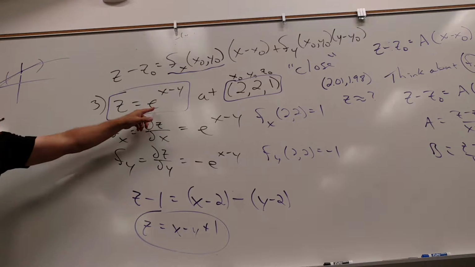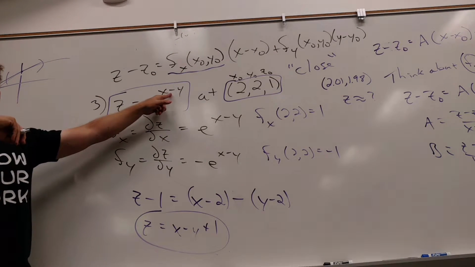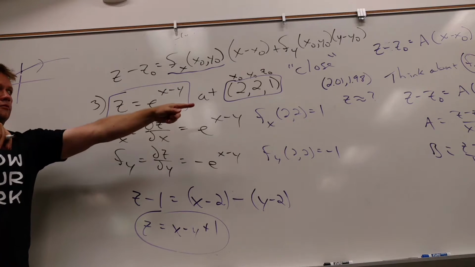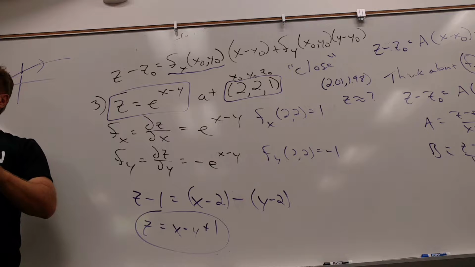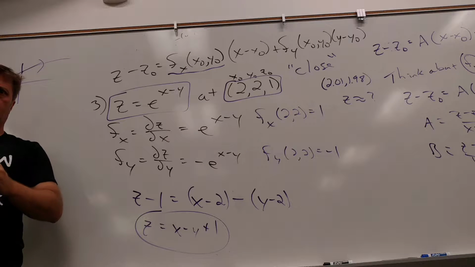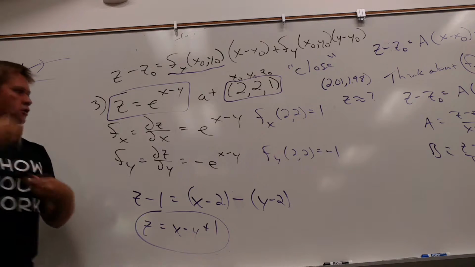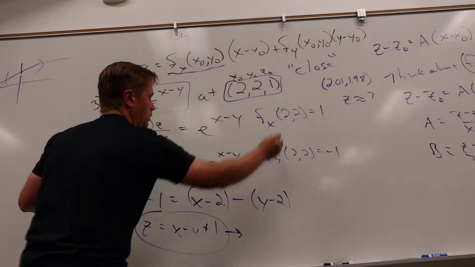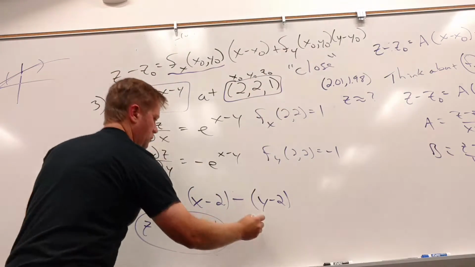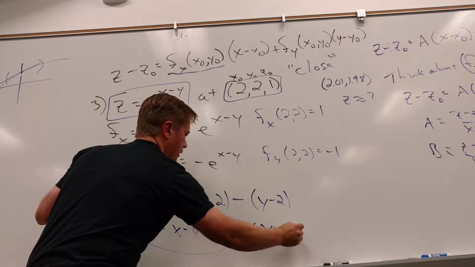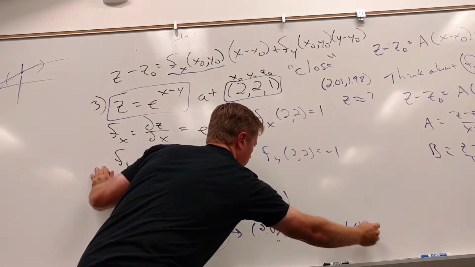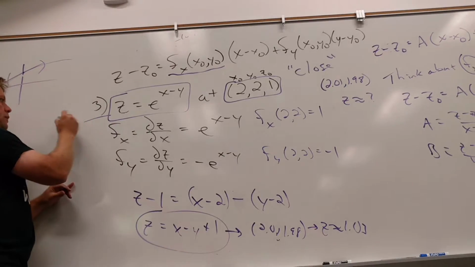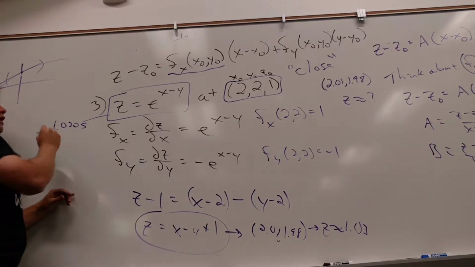In your calculator, do e to the 2.01 minus 1.98. 1.0305. Yeah, we got pretty close. So this said at the point 2.01, 1.98, it gave me an approximate z of 1.03. The actual z was about 1.0305, blah, blah, blah.